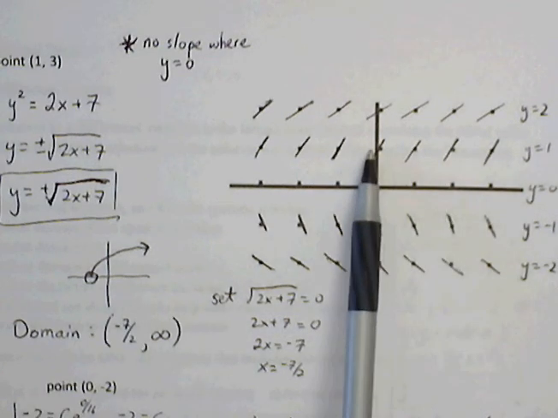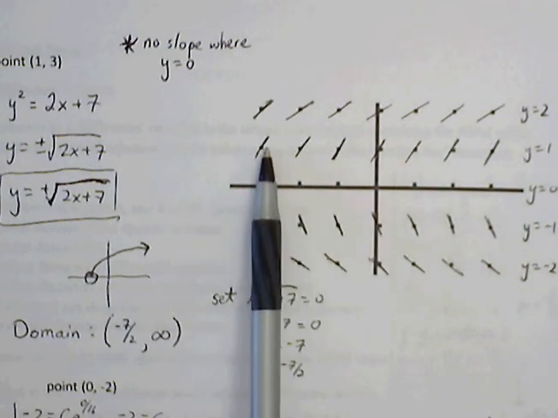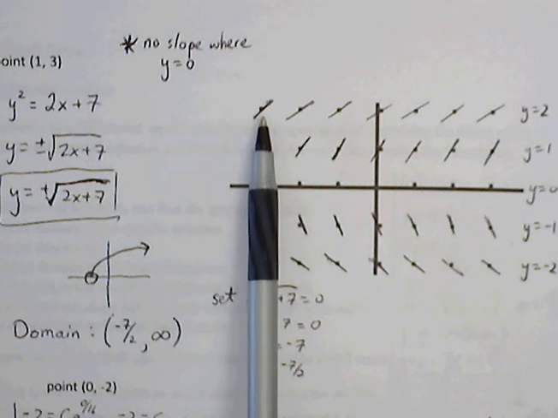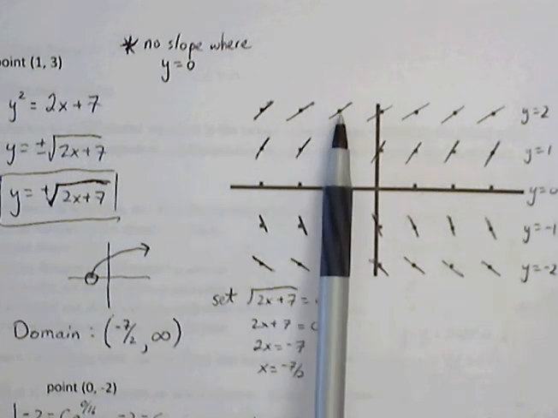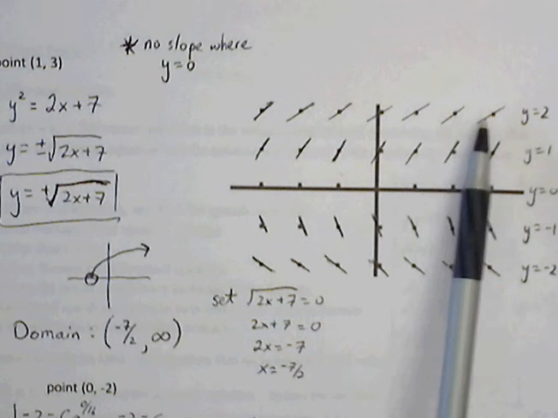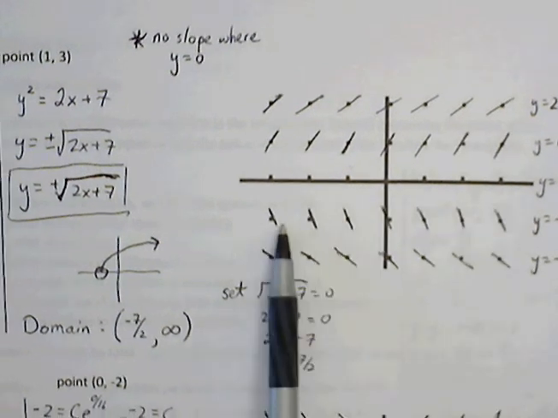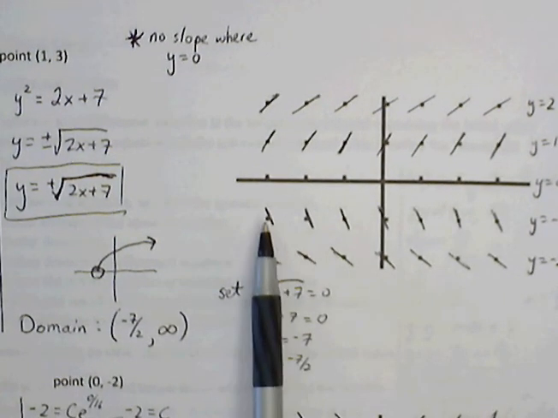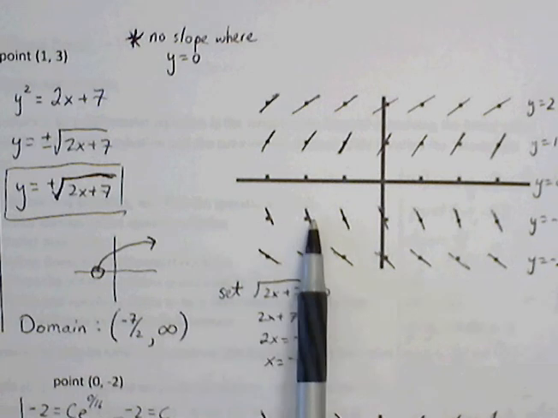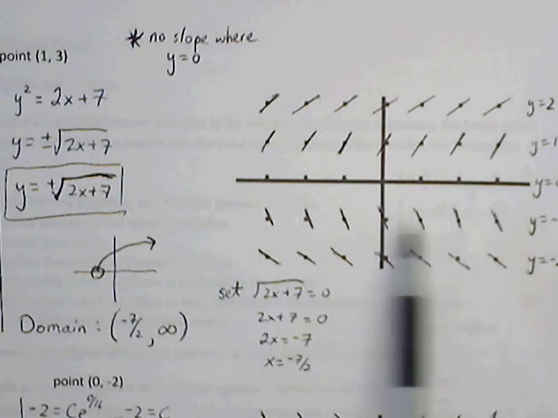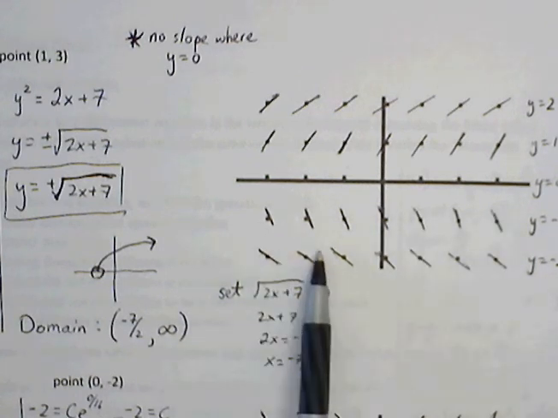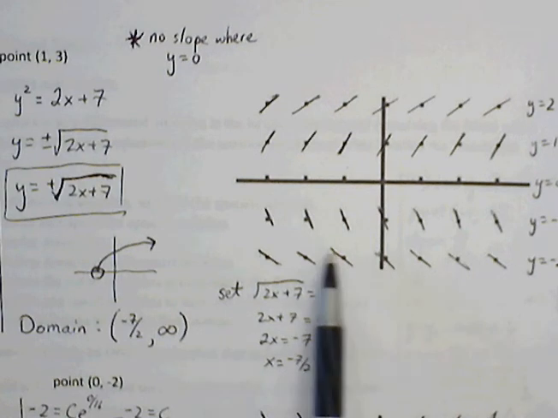If we plug in 2, then 1/2. So the slope will be less and less steep. Down here, when y is -1, 1 over -1 will be a slope of -1. And 1 over -2, so -1/2, we have negative slope, but the slope is going to be less and less steep.